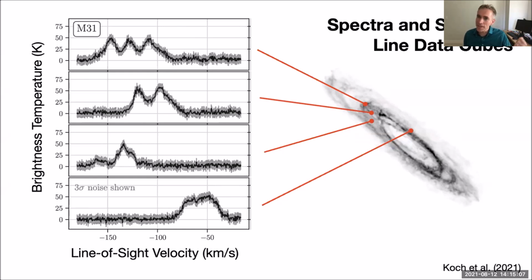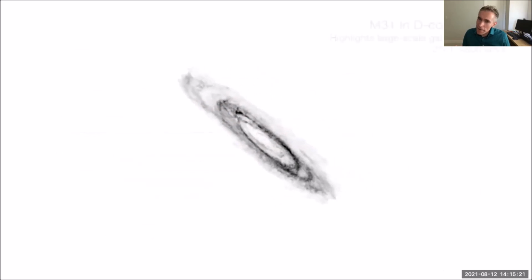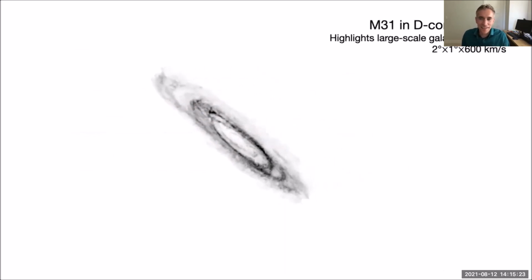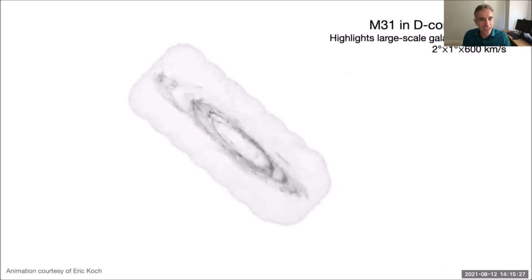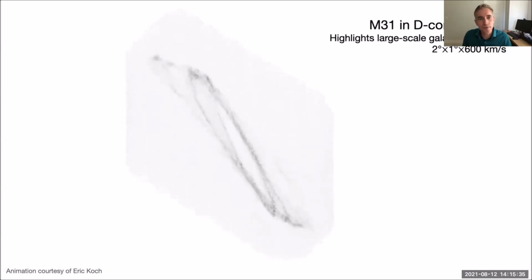So only a few clouds are showing up at these scales in this galaxy. So this gives us a little more context where we can start to pick apart what's happening in M31. Since every pixel in the galaxy is a spectrum, we can also view this as a three-dimensional data volume. And so we call this a spectral line data cube.